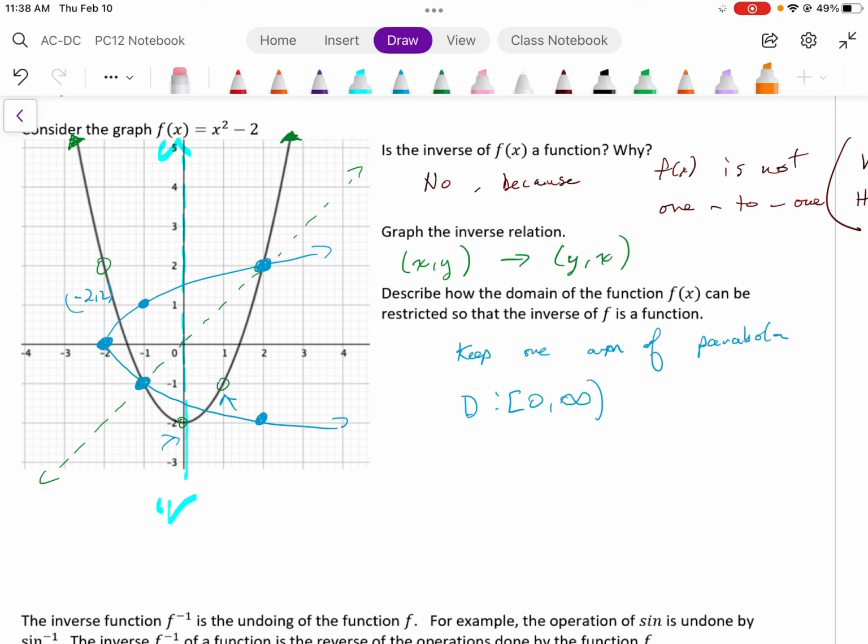Essentially what that would do is keep this arm. And if you're keeping that arm and you only transform that arm, your inverse function would transform like that. What you see is both the orange, which is f of x, and the green, which is the inverse of f, are both functions. And they are both functions because your original function f was one-to-one.